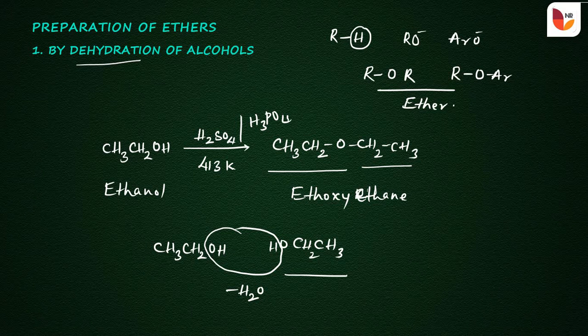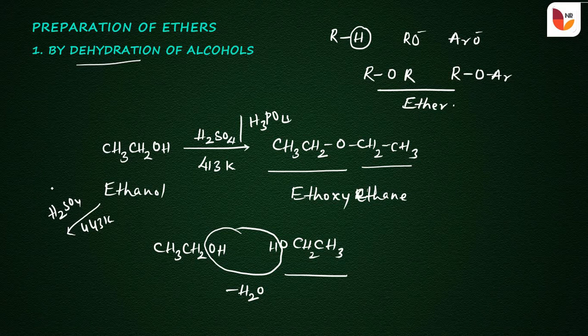For example, at a temperature of 443 Kelvin, that is H2SO4 at 443 Kelvin, CH3CH2OH undergoes a dehydration reaction, but the obtained product is not an ether.